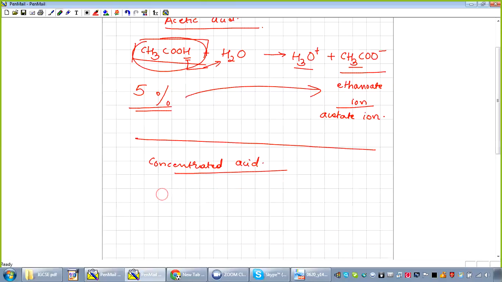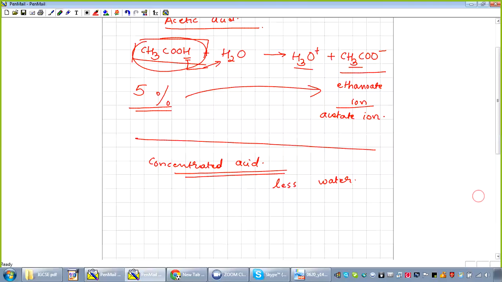Okay, no, anhydrous, if you say, it means it becomes pure totally. There is no water at all. That substance is not going to behave like an acid at all. Concentrated acid, in the sense we say there is very less water present.